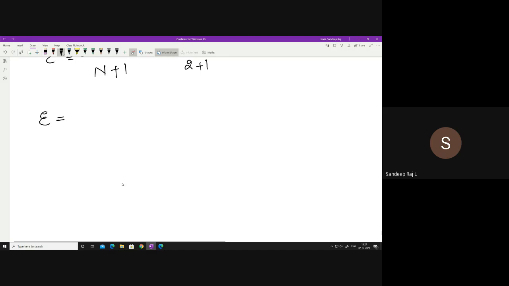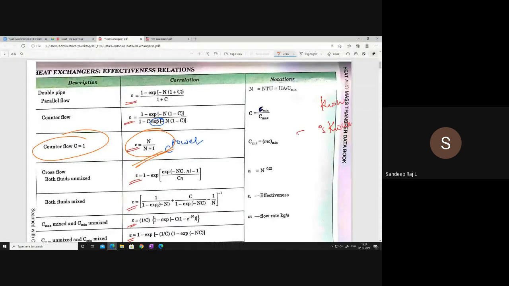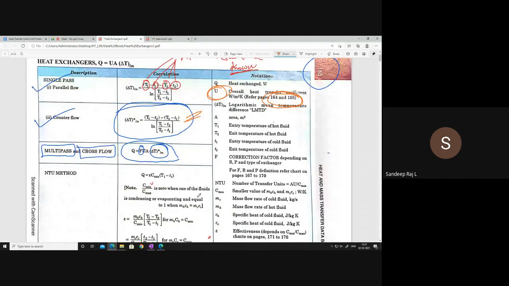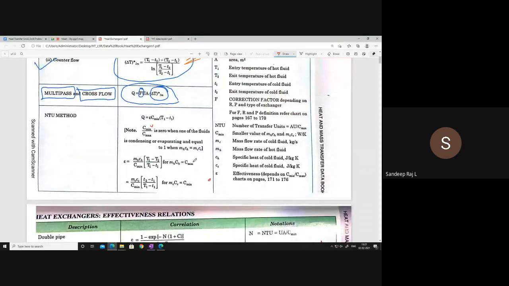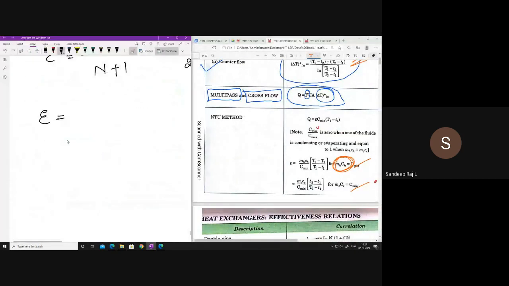So effectiveness ki ఏమి ఫార్ములా వాడతారు? You will use which one? This one or this one? Which one is minimum here? The 1045 is for mH, so you have to use this one. So it is capital T1 minus capital T2 by capital T1 minus small t1, that is equal to.